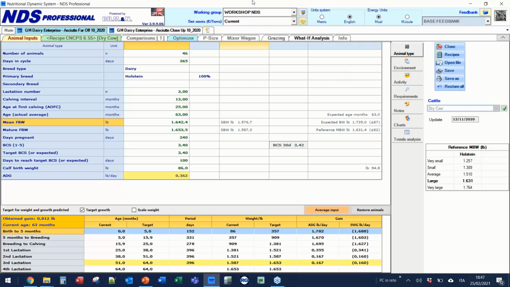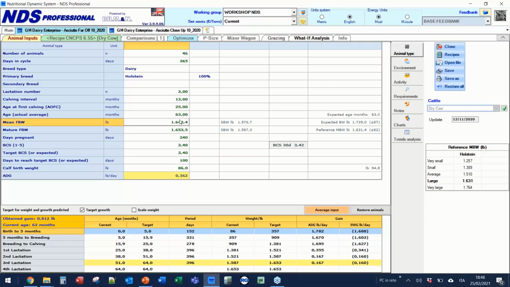So even in this case, we define the information making the system able to define the target growth system, calving interval, age at first calving, current age. These are all data that are available on farm.